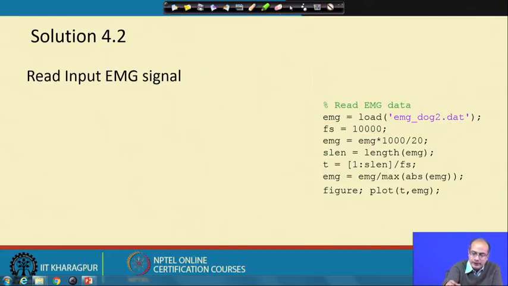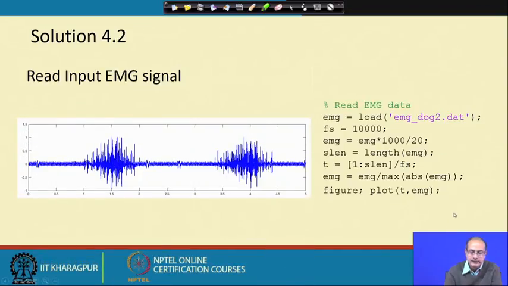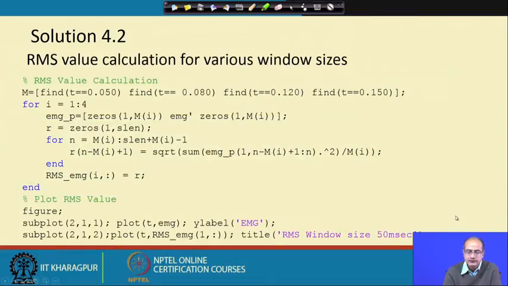The job is to find out the envelope. Here is the EMG signal that is given, which we have plotted here, and next we go for the calculation of the RMS value.